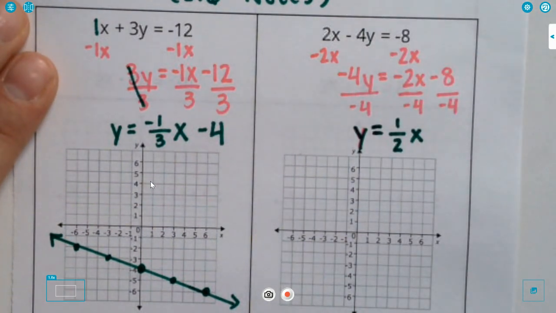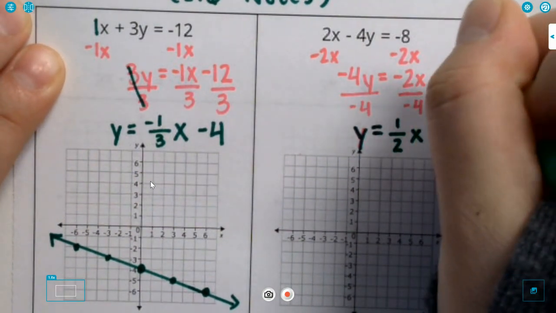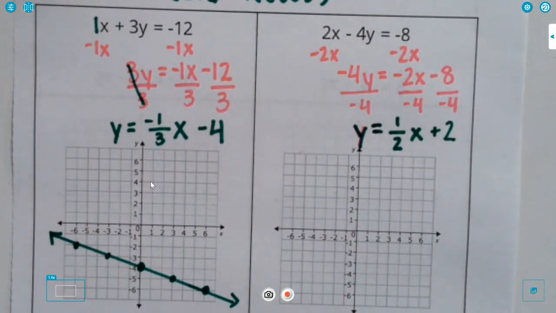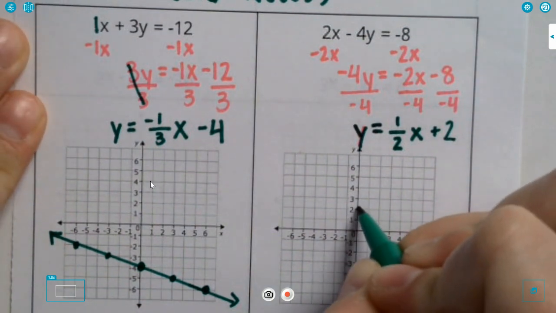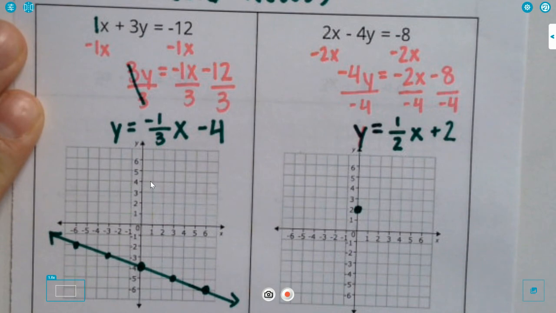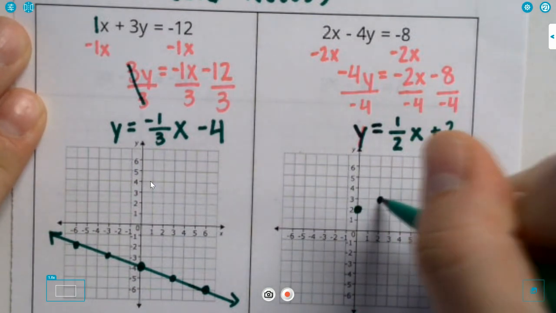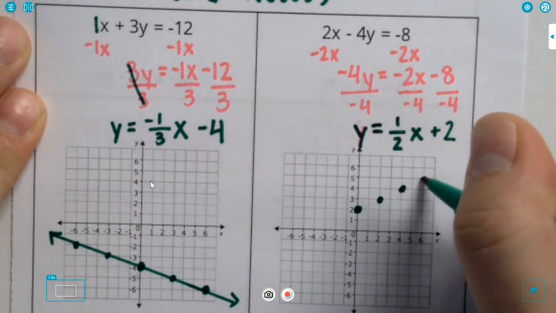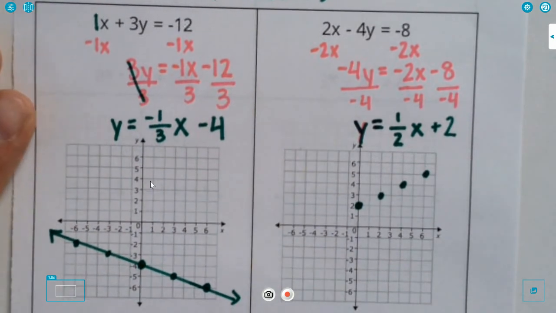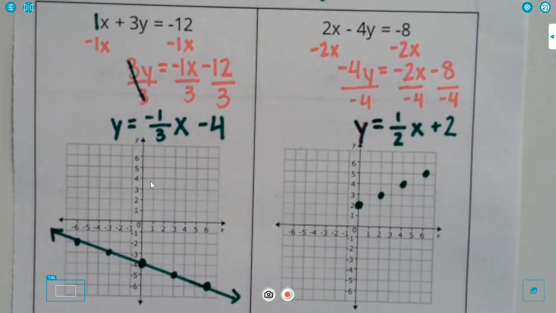And then negative 8 divided by negative 4 is positive 2. So we'll start at a y-intercept of positive 2. And then our slope is 1/2, so that means we rise 1, run to the right 2. We repeat that as many times as we can. All right, any questions right now?